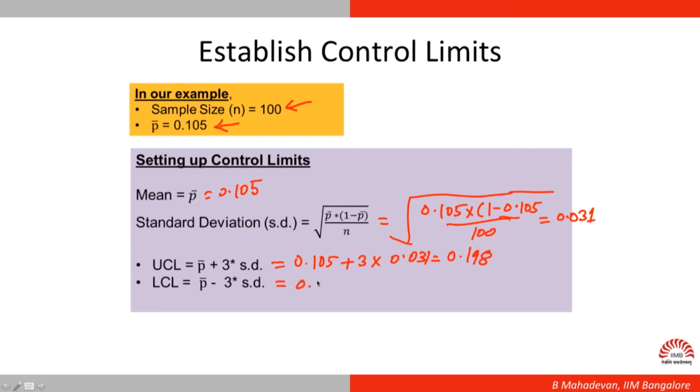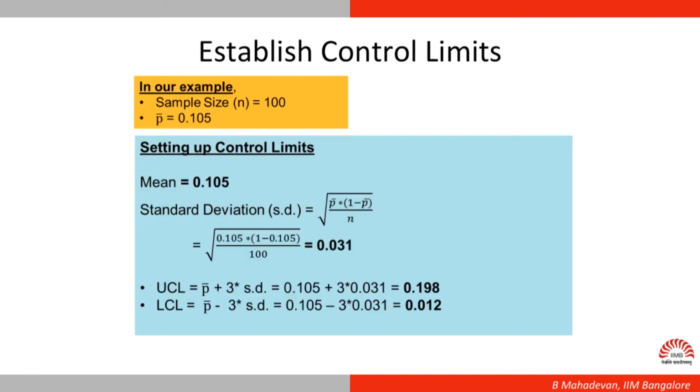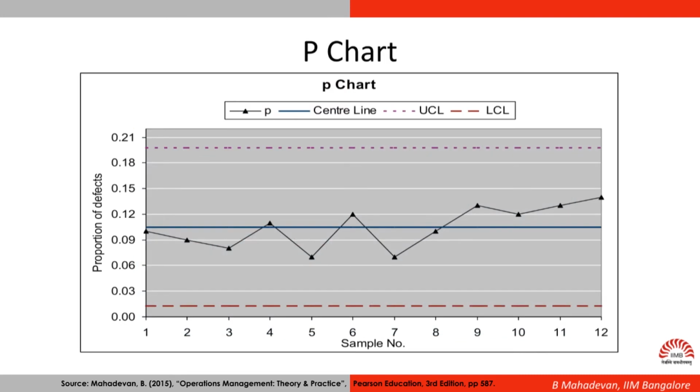And the lower control limit is p bar, which is 0.105, minus 3 times again the standard deviation, 0.031, which leaves us a value of 0.012, which is the lower control limit. So, now that we have the upper control limit and lower control limit, we can plot the data as step 6.